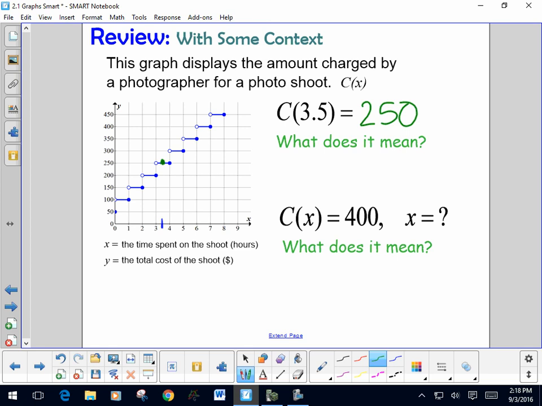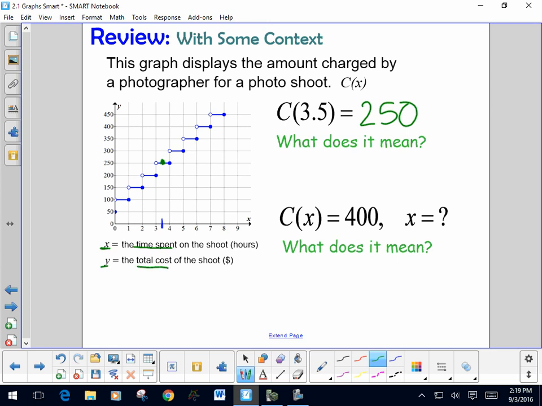And what does that mean in this context of a photo shoot? Well, in this case, the x represents the time spent on the photo shoot, and the y value is the cost of the photo shoot.